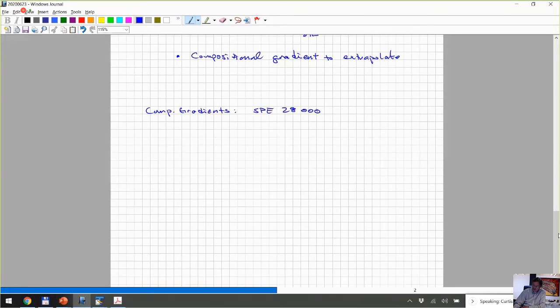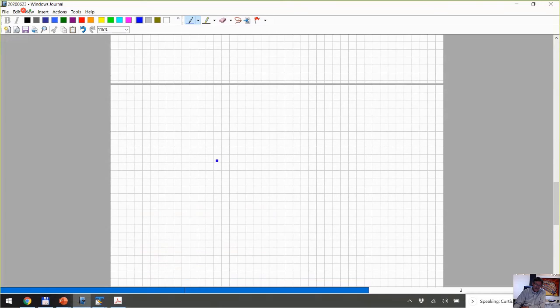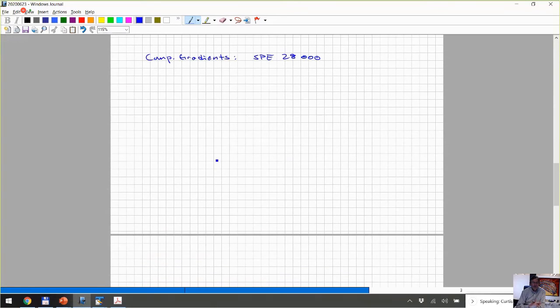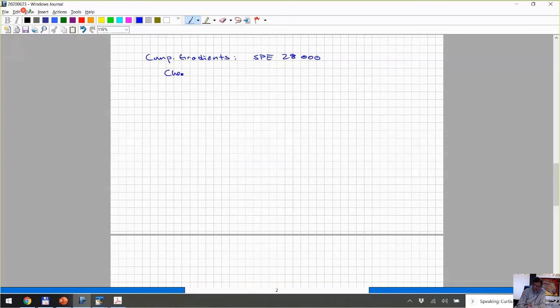But what that paper clearly shows is that any reservoir, if you use this Gibbs chemical energy gravity equilibrium theory, which is what most PVT simulators use to calculate this gradient, either isothermal or non-isothermal, doesn't really matter.